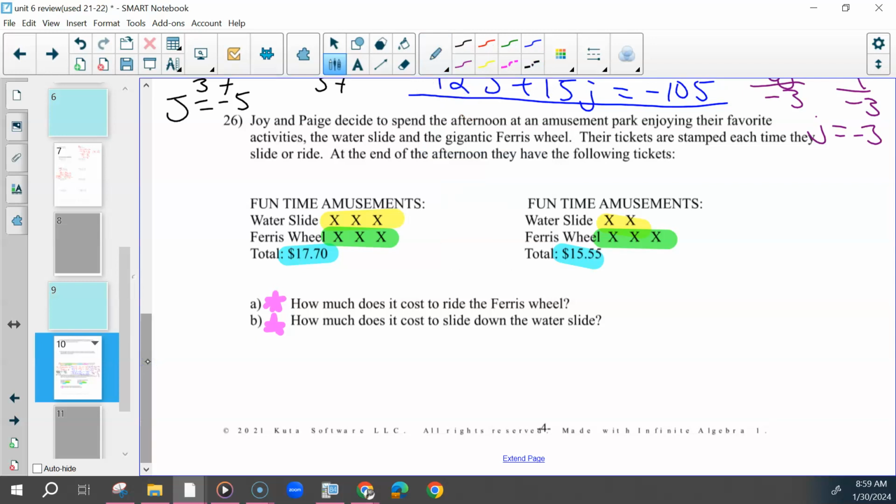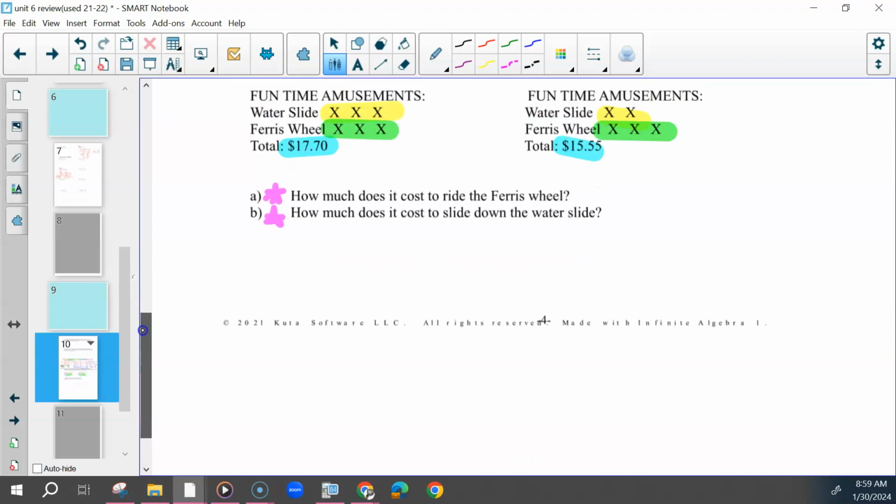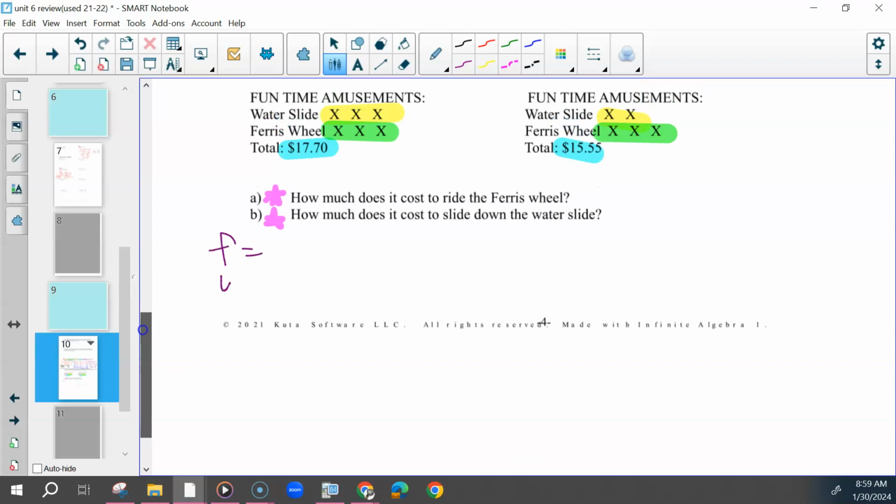We have our 2 questions. That's going to be your 2 variables. I'm going to call that F and W, for the cost to ride the Ferris wheel and the cost to slide down the water slide.